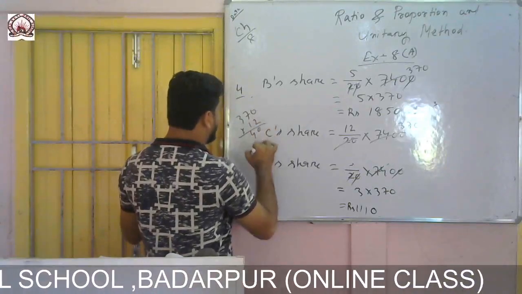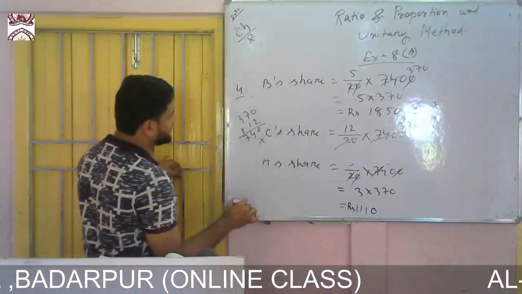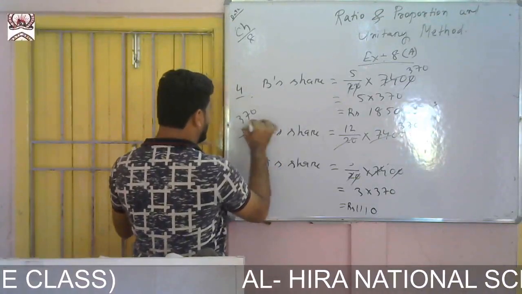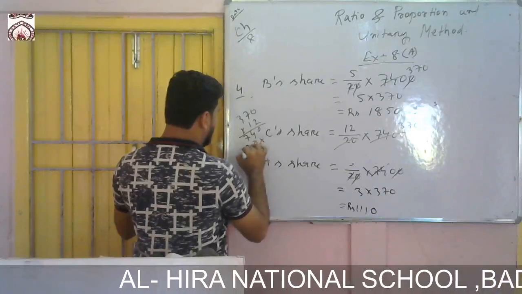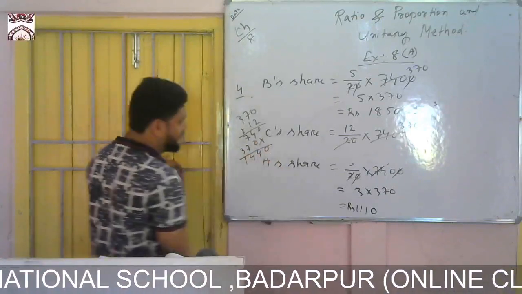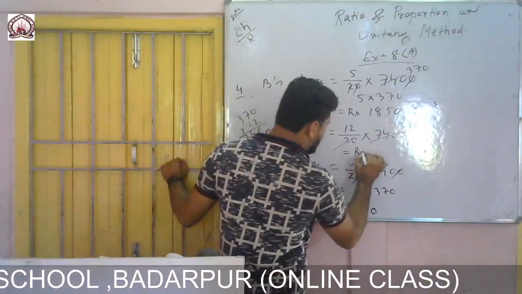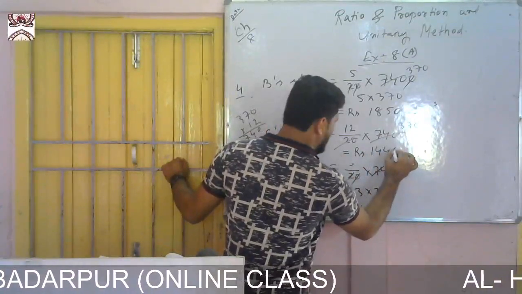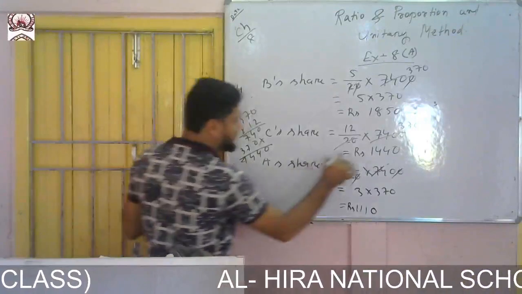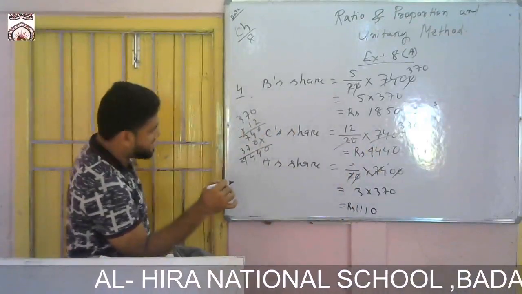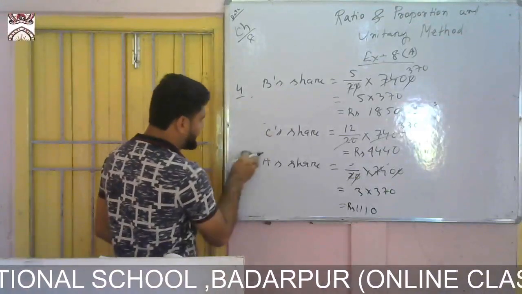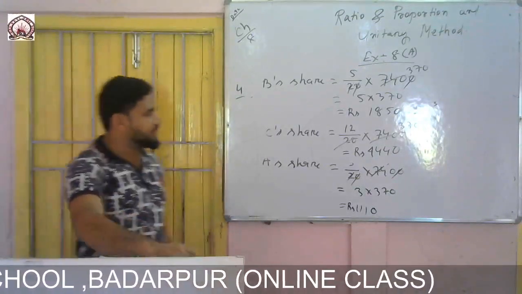So 370 times 12: 2 zeros are 0, 7 twos are 14, 3 twos are 6 and 1 seven. Then 0, 7, 3, so 4440. Sorry, it is 4440.